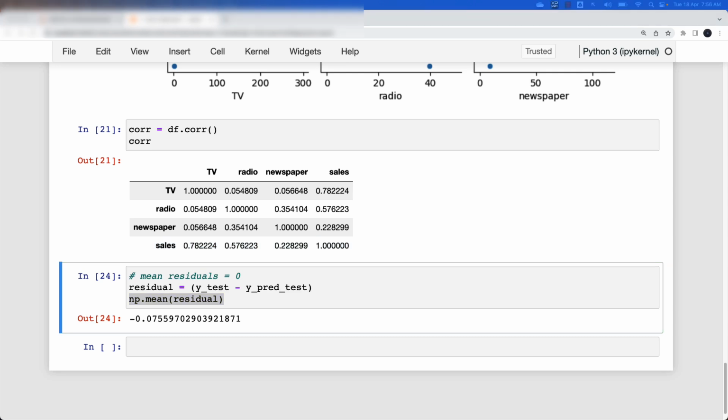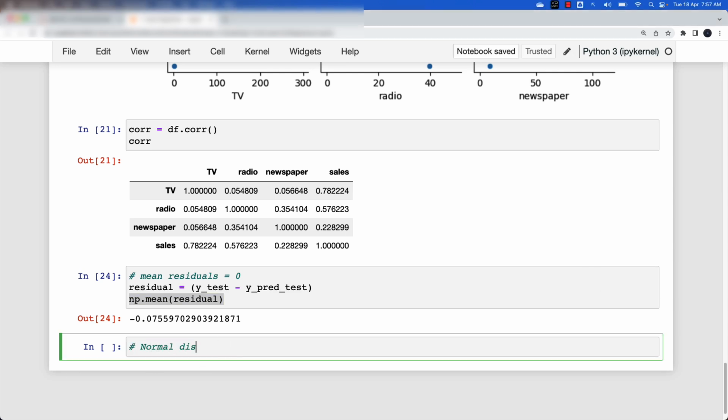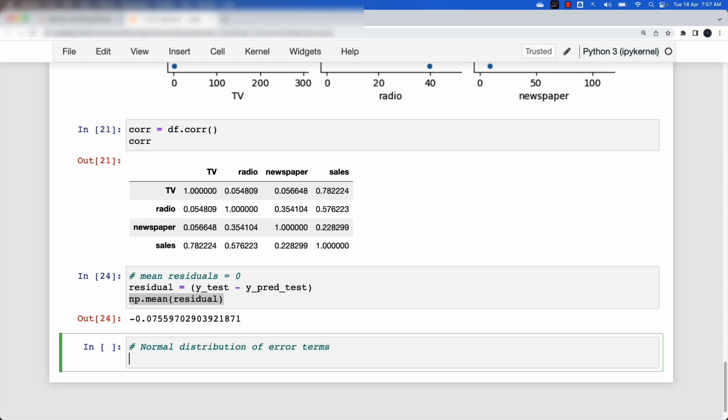The other assumption that it makes is that there is a normal distribution of the error term. So we would assume that there is a normal distribution of error terms. Whenever we want to look into the distribution of any given data, we can easily make use of this plot to look into the overall distribution of this data set.